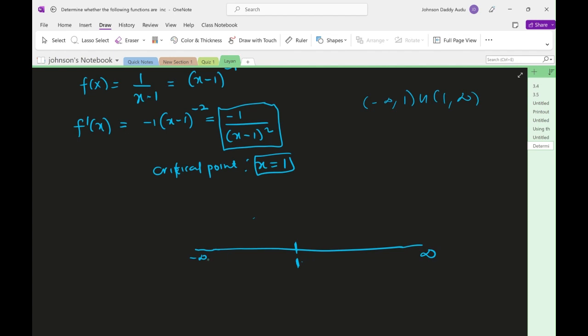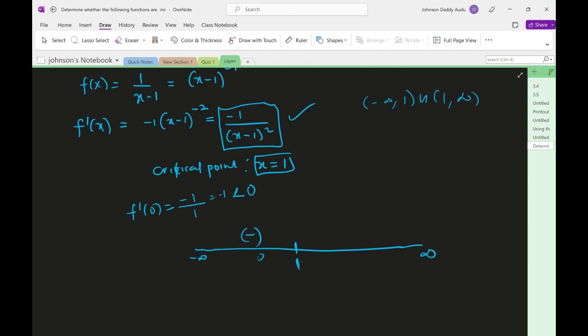So you just need to test a point in each interval. Take any point between minus infinity and 1, for example 0. Just find f prime of 0. Just put 0 in: you will have minus 1 over 1, which is going to be minus 1. You are not interested in the value, you just want to know the sign. You can see it is negative. So between minus infinity and 1, you have negative.